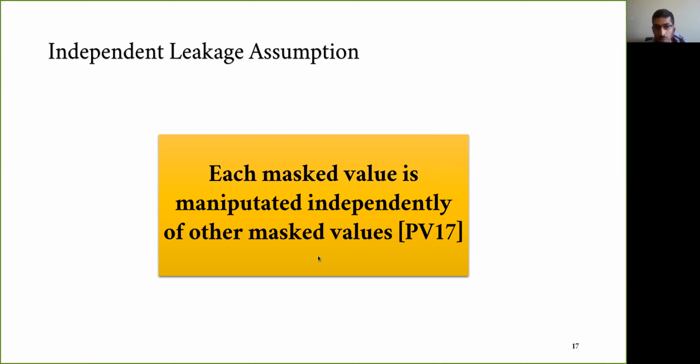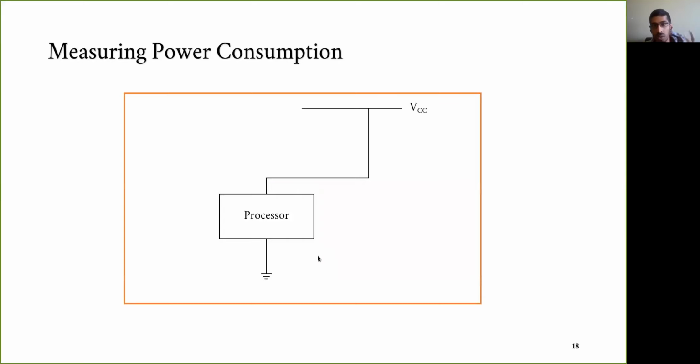So let's see how to measure this and how to find a leak in the real world using a real device. So this is the block diagram of the experiment.